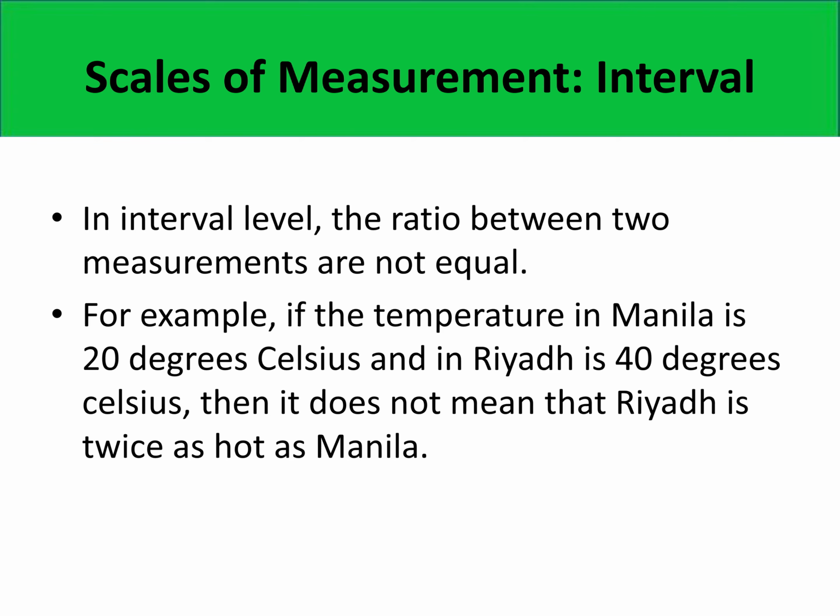For example, if the temperature in Manila is 20 degrees Celsius and in Riyadh the temperature is 40 degrees Celsius, then it doesn't mean that Riyadh is twice as hot as Manila. Another example would be if a person says his happiness level is 4, while another person says his happiness level is 2, it doesn't mean that the former is twice as happy as the latter.